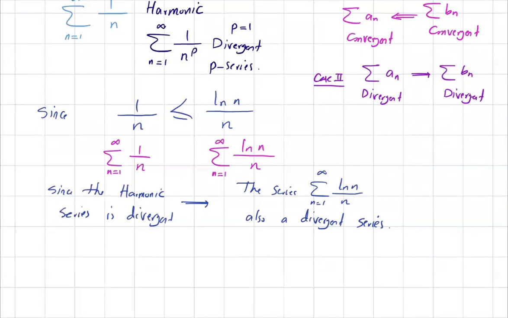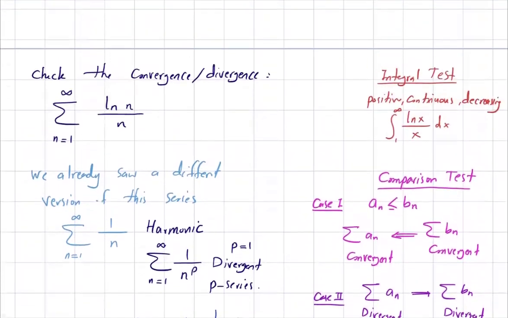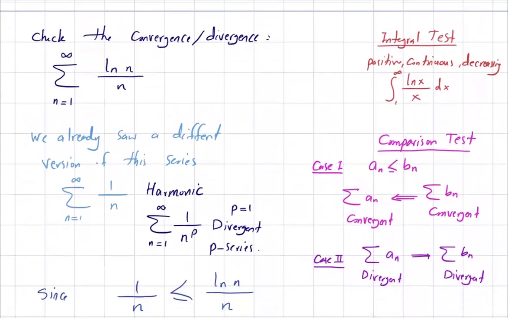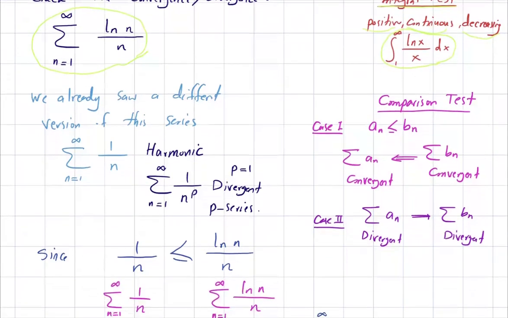So let us recap what we did. We are checking the convergence and divergence of the following series: ln of n divided by n, n starts from 1, goes to infinity. You can apply integral test, check to see if the function is positive, continuous, decreasing, then take the integral, or you can use a simpler method, which is comparison test.